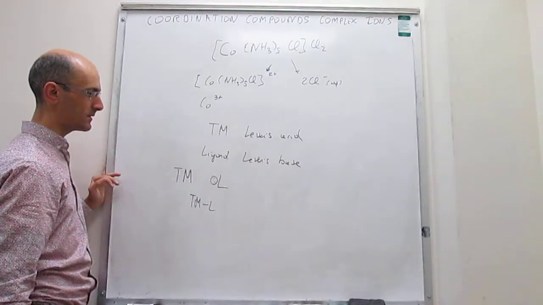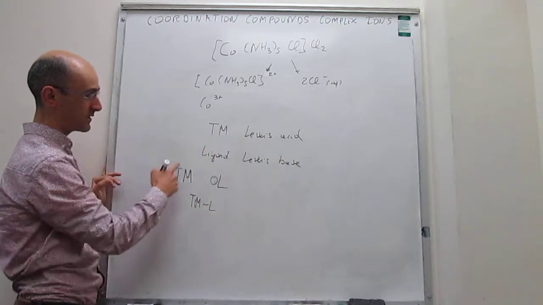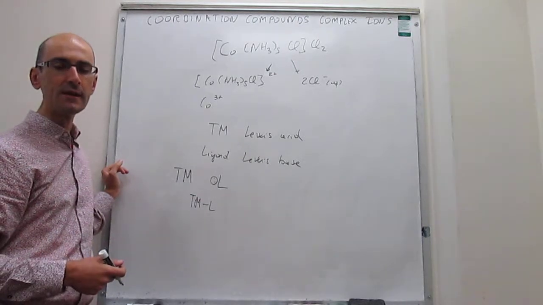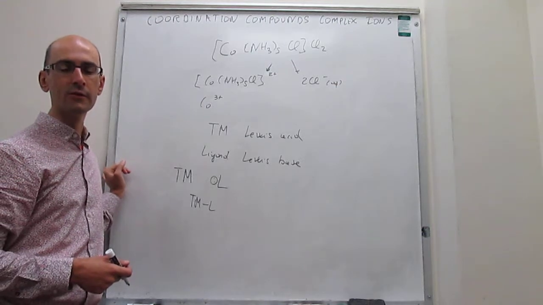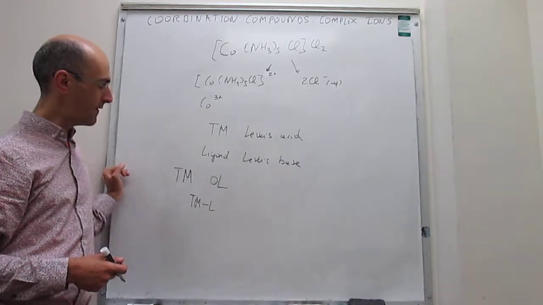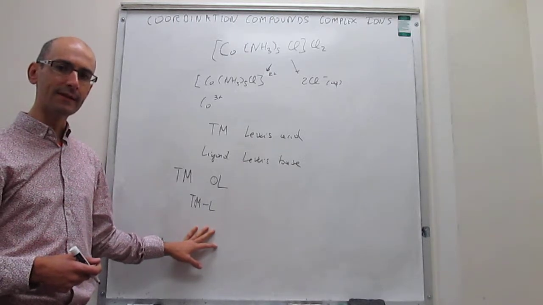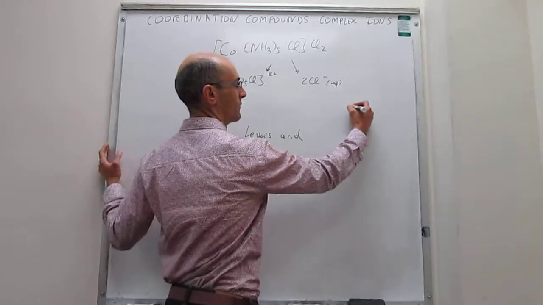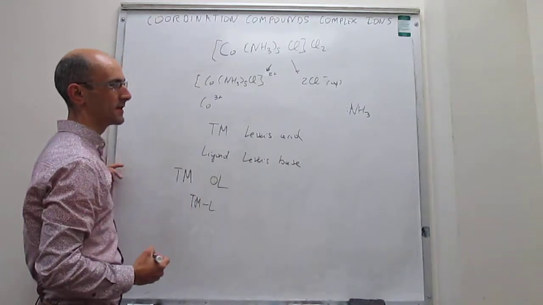When you're thinking about what are good Lewis acids, transition metals that are positive ions tend to have empty d orbitals, and that makes them pretty good Lewis acids. And then for ligands, you're just simply looking for molecules that have lone pairs, and there's many of those. Here you have ammonia, which obviously has a lone pair.